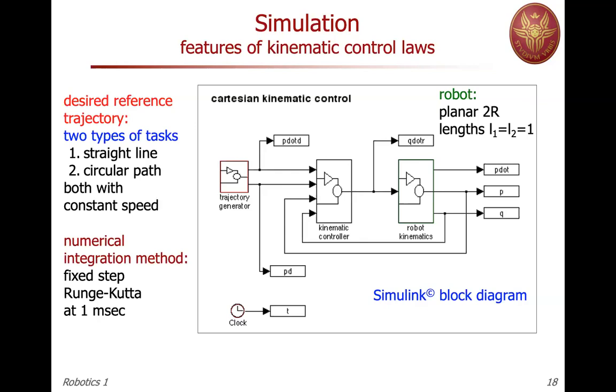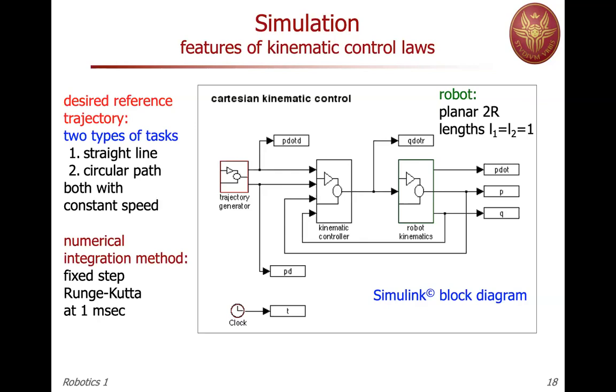This is computed from the direct kinematics. And then we generate a Q dot reference, so a reference velocity, which will be given by the kinematic control in the Cartesian space, which will be the sum of the Cartesian velocity desired plus Kp times the error in position, so Pd minus P in the Cartesian space.